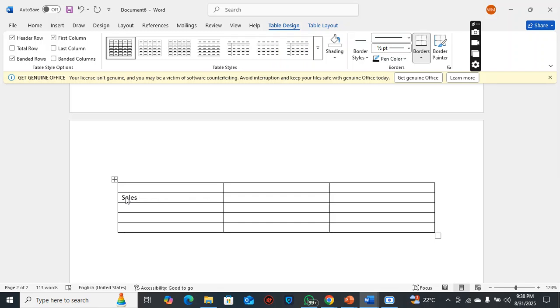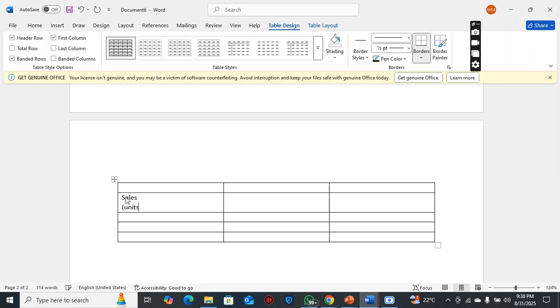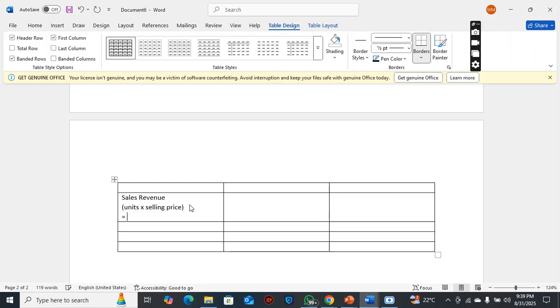Basically, units sold times selling price. Sales revenue is the number of units sold times the selling price. So we sold 800 units and we were told our selling price is $100. So our sales revenue is $80,000.